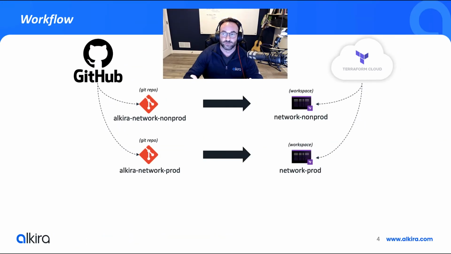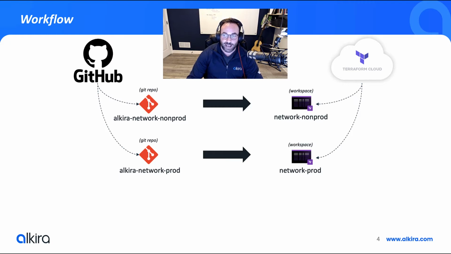Let's do a quick overview of the workflow. I have two Git repositories set up, one that holds the infrastructure as code for all of non-prod and the other for prod. Each repo maps back to a workspace in Terraform Cloud. I've already committed the infrastructure files to a develop branch in Git.